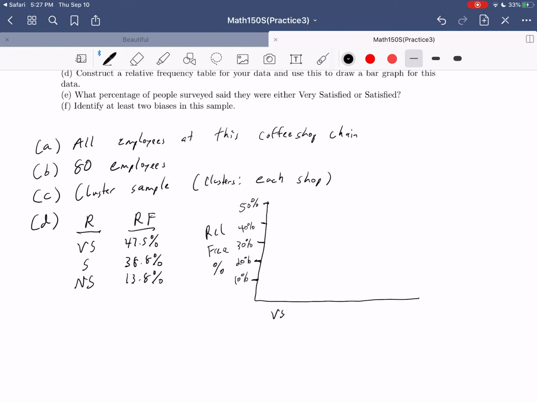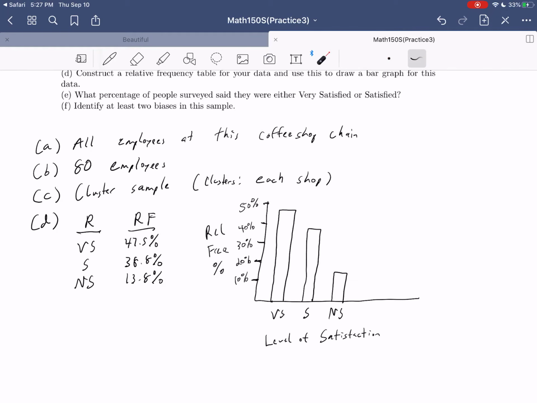So there's very satisfied, and we'll bring that up to about 47.5. Satisfied should be 38.8, so pretty close to 40. And then not satisfied, 13.8. So again, remember, in a bar graph those bars should not touch, and this was level of satisfaction.